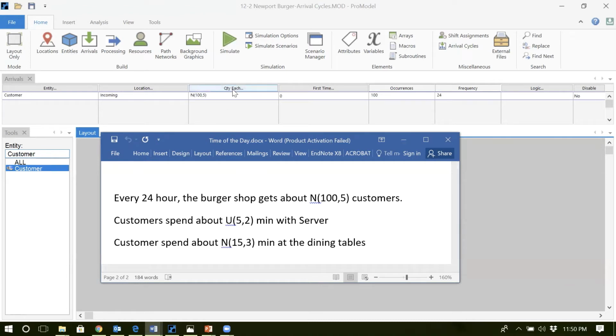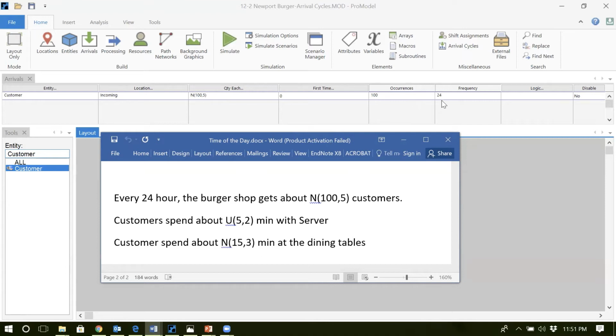The number of customers that come to the system in each arrival is going to come from this distribution, normal distribution, average 100 and standard deviation 5. These customers can come to the system from the start of the simulation, and the occurrence is 100. Given that the frequency is 24 hours, an occurrence of 100 means that I want to run this simulation only for 100 days.